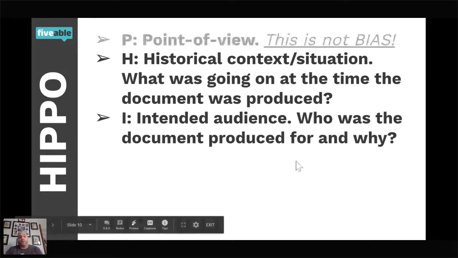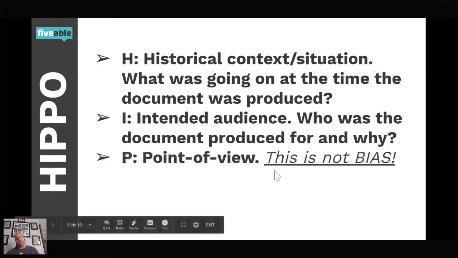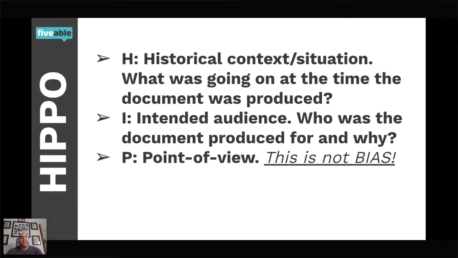P stands for point of view, and this is where we're going to talk about bias. Guys, bias is a dirty word in history. It is the word that me, as an AP reader, when I read an essay, that's an LEQ or DBQ, and I see a kid wrote, the author has bias, my response is, duh, okay? Every single thing produced has bias.